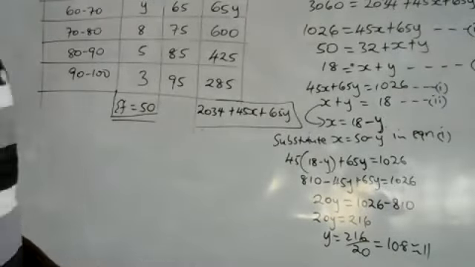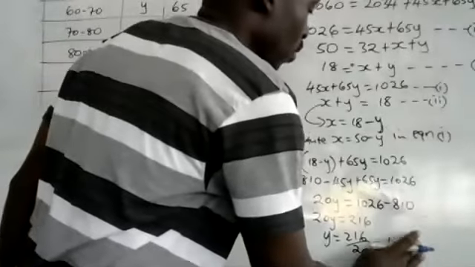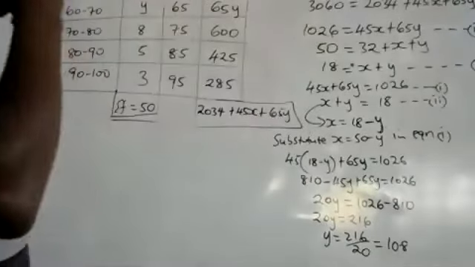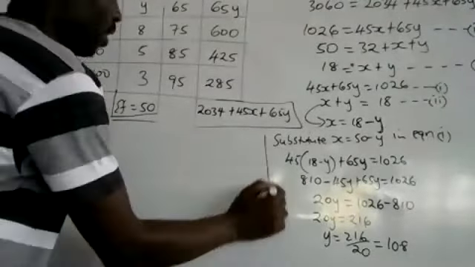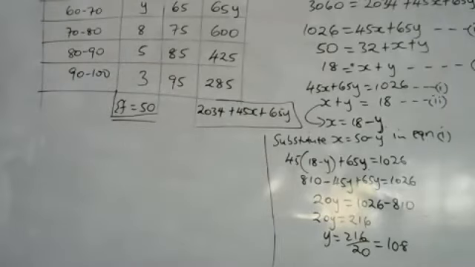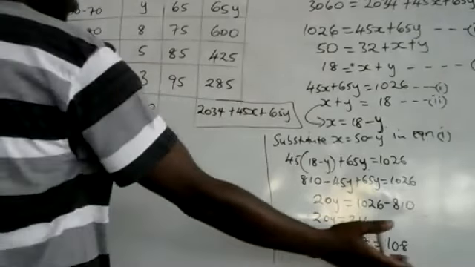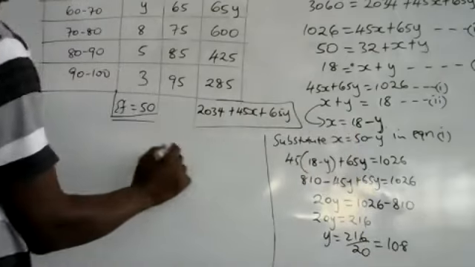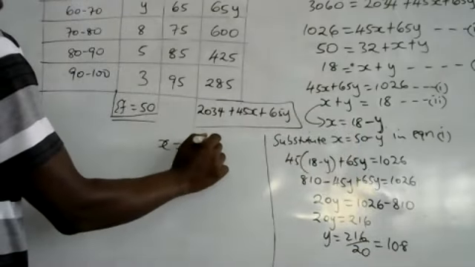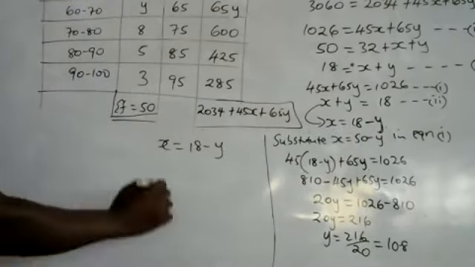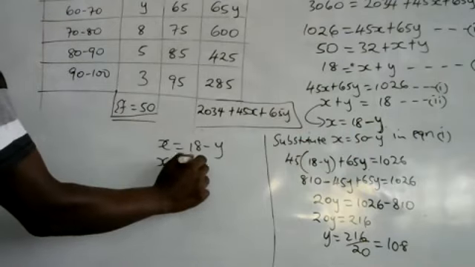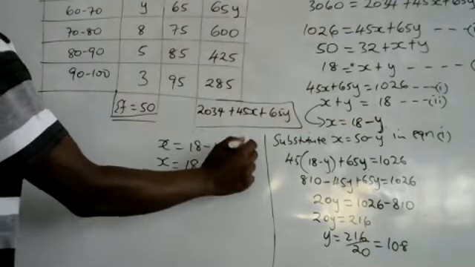If we put 10.8, I don't know why it comes to a point, but that is what it is always giving us when we take class. So the moment you have found y, you can come to this equation where we say x is equal to 18 minus y. So x is going to be 18 minus 10.8.